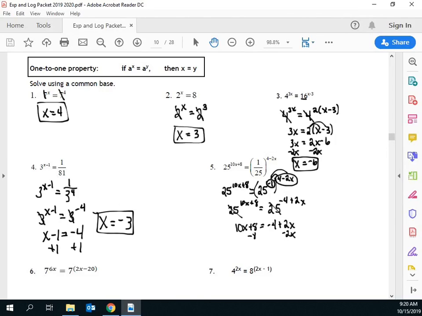Subtract 2 minus 8. 8x equals negative 12. What's last? So x equals what? 3 halves? 1 and 1 half. Got 3 halves.